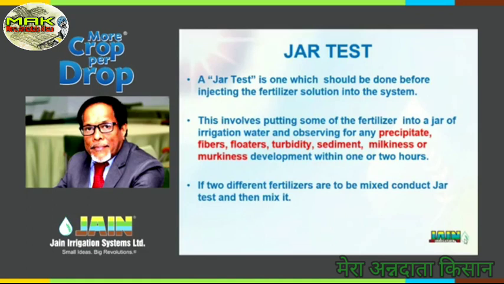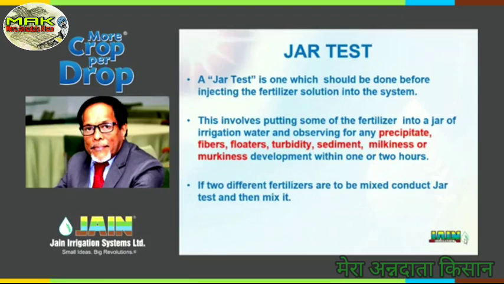Even if you don't get a call, if you get a new fertilizer, before you venture into fertigation, do a jar test. Take a jar, or if you don't have one, an empty Aquafina or Bisleri bottle. Put in a spoon of fertilizer, add your irrigation water to fill it, and shake it.